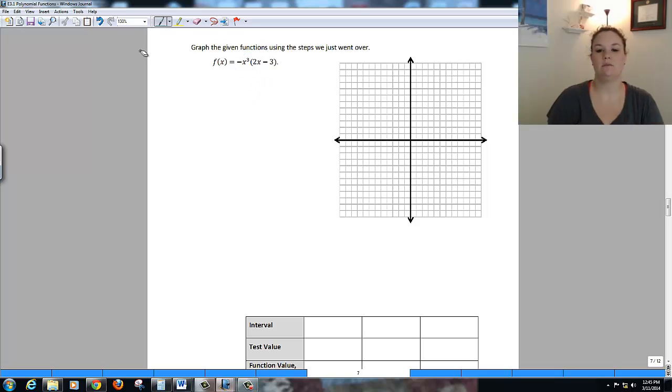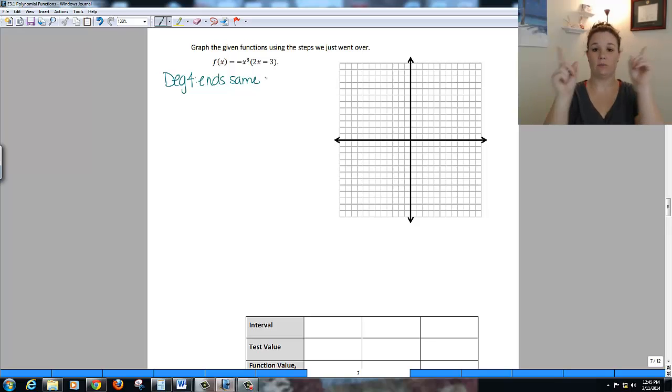So I'm going to come down here and say this is a degree 4 polynomial. If it's degree 4, that means it is an even degree, which means the ends go the same direction. So they either both go up or they both go down. So I look at my leading coefficient. If I just distribute this, that's going to give me my highest power term. Negative x cubed times 2x is going to give me negative 2x to the fourth. So my leading coefficient is actually a negative 2.